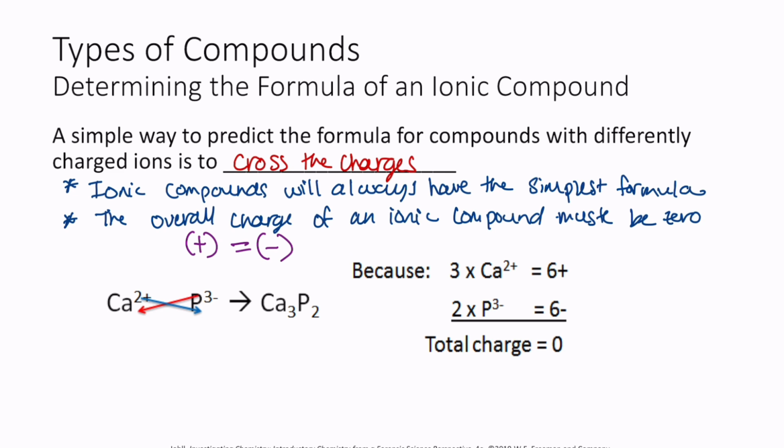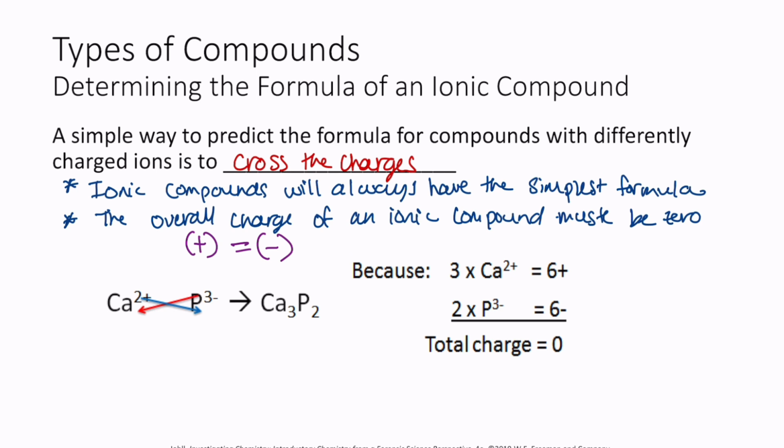If I have calcium with a 2+ charge and phosphorus with a 3- charge, I need to make it so they are equal. Not the charges, but the overall charge. If I have 3 calcium, that's going to give us an overall 6 positive. If I have 2 phosphides, that's going to give us an overall of 6-, so our total charge is going to be 0. Notice I do not have a charge on my ionic compound.